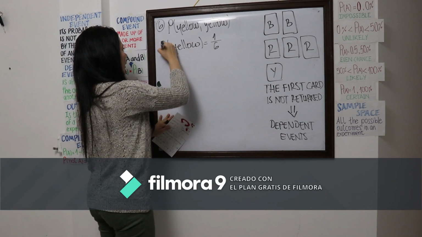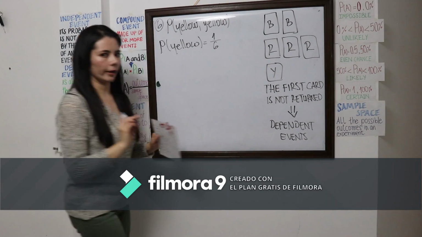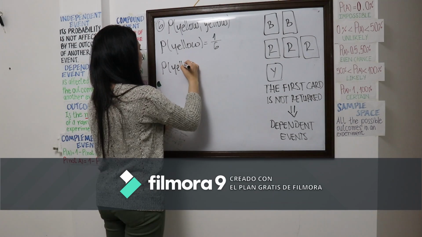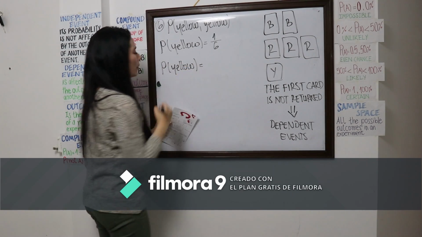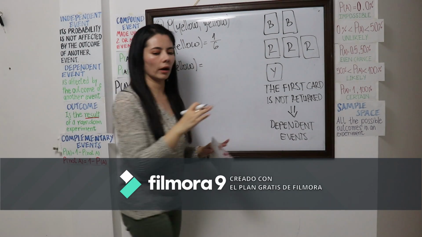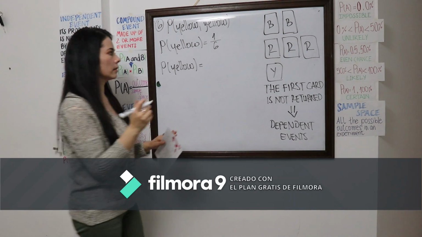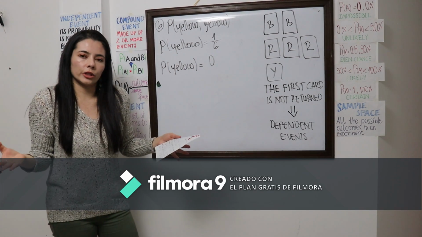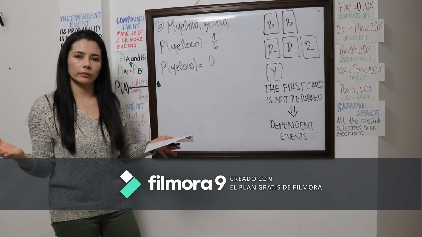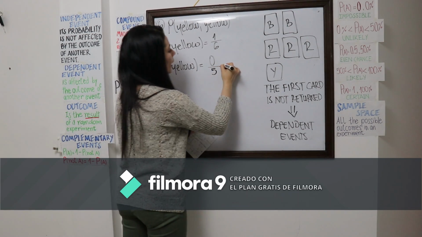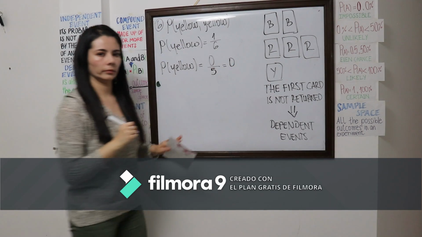Now, remember, I'm not returning the first card. So the probability of getting yellow in the second card, that's a little bit complicated there, because I only have one yellow card. So what that tells me is, well, I'm just running out of yellow cards. What am I going to do? Well, just 0. Of course, my total here is going to be 5. And we know that means 0, right?